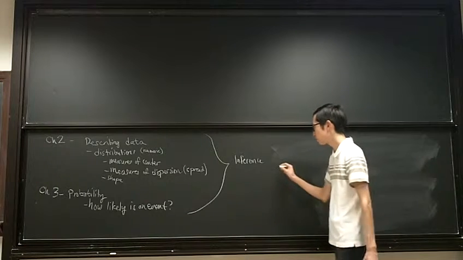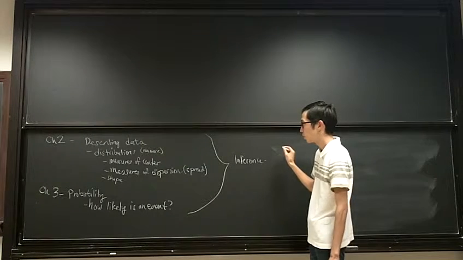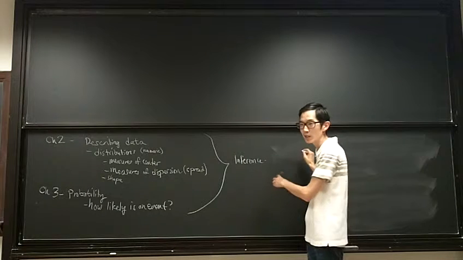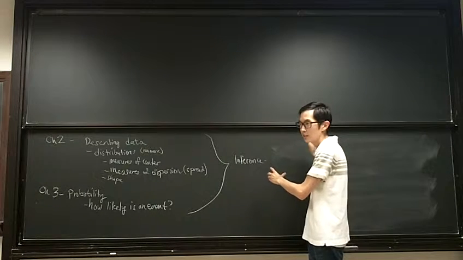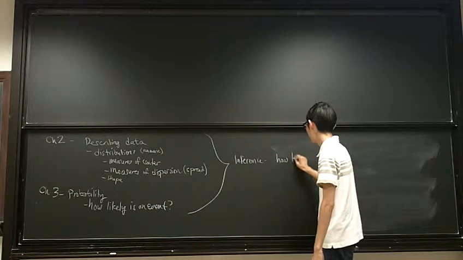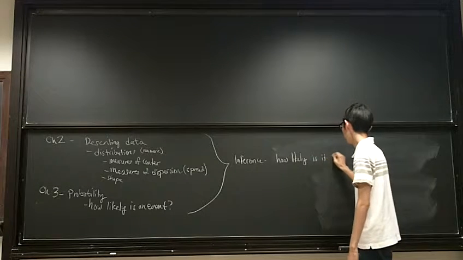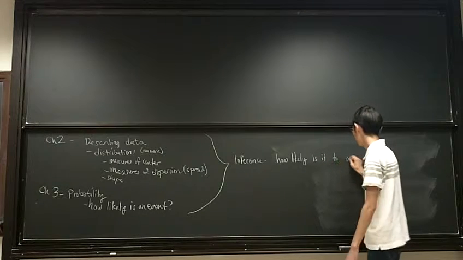Okay, inference. Basically, we're going to ask the question: how likely is it to observe our data? This is the probability part.